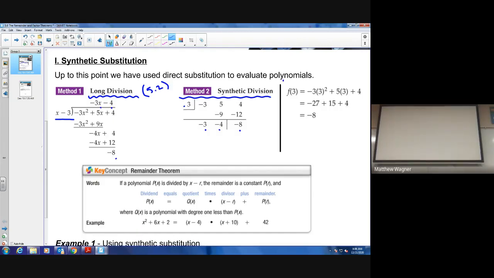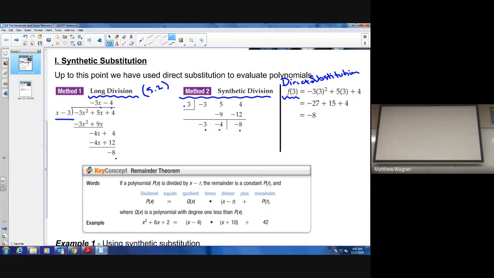Please note right here, when I do direct substitution, that's when I plug a number into a function. That's what I call direct substitution, and I'm going to write that in there, substitution. That's something we've done before. So if I said evaluate the function at 3, you take 3 and plug it into your function.